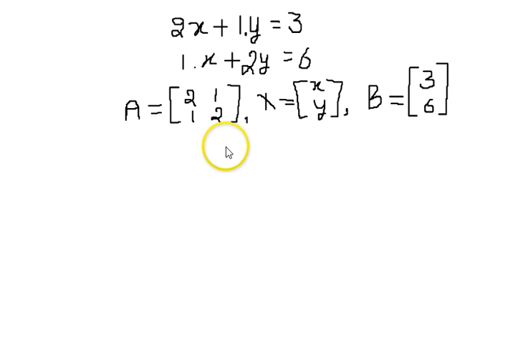I can write them as AX equals B, which implies X equals A inverse B, A inverse times B, you can say.